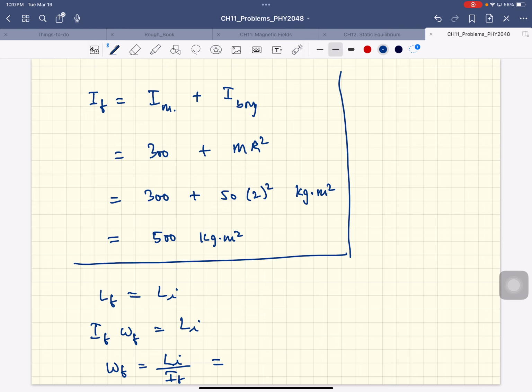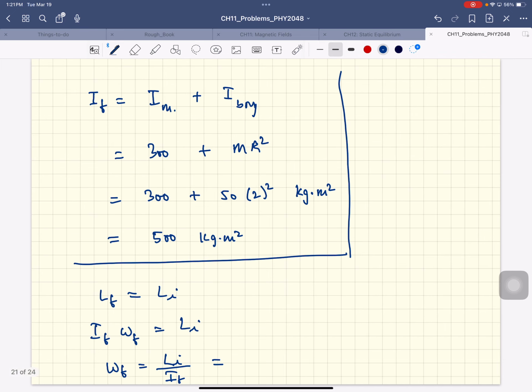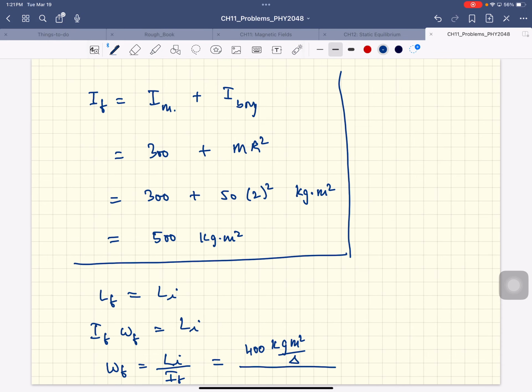And L initial was 400 kg meter squared per second. So this works out to 0.8 per second.